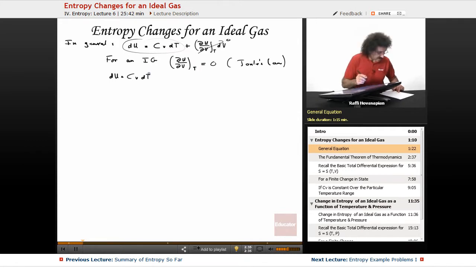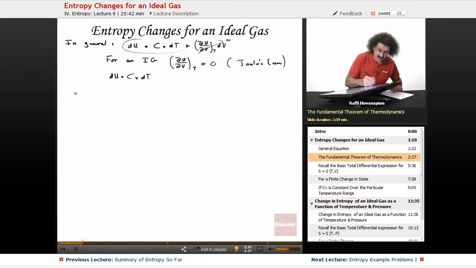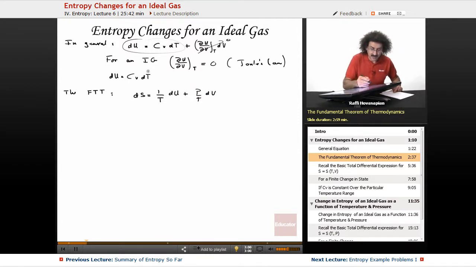Now let's deal with the fundamental theorem of thermodynamics. It says the following: dS is equal to 1 over T dU plus P over T dV. Well, we have dU under conditions of an ideal gas, so we'll just put this into here.